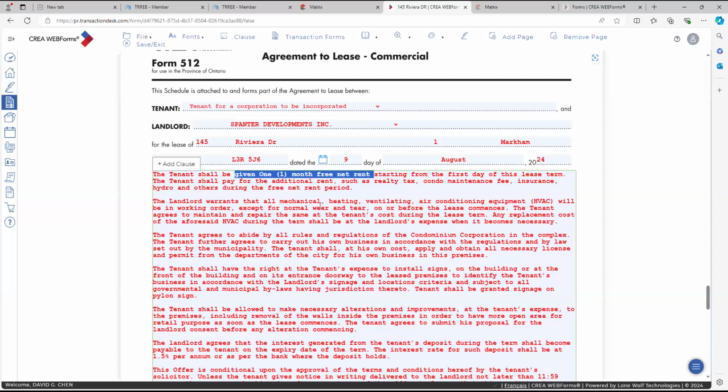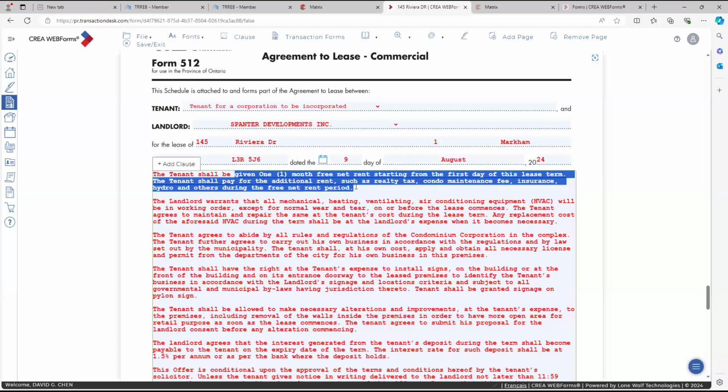But in other cases, last time for a business or some other use, we asked for 2 months, even 3 months of free net rent, depending on how long the tenant needs to set up. If you need time, let's say for a restaurant that needs 3-4 months to set up, of course you can ask for 2-3 months net rent free. So please remember, it depends on the exact use.